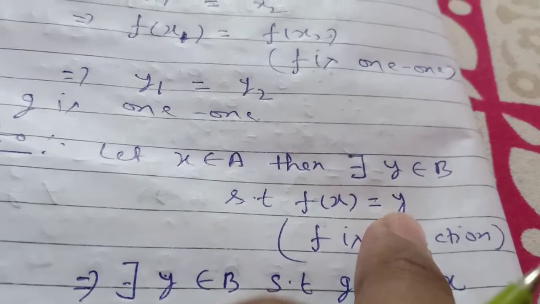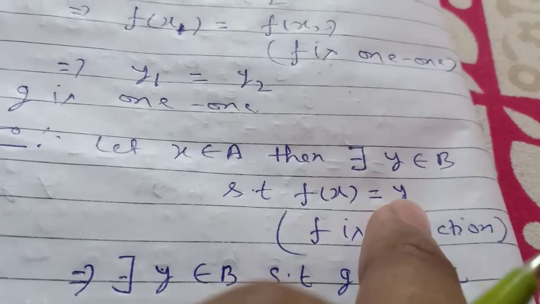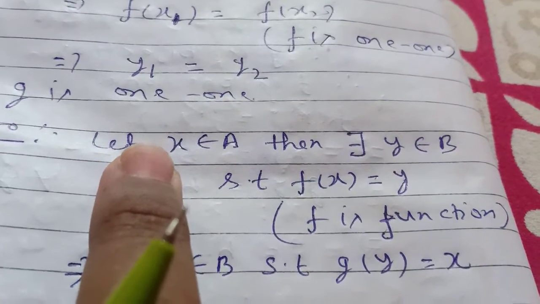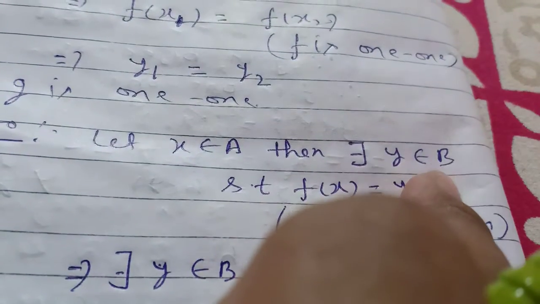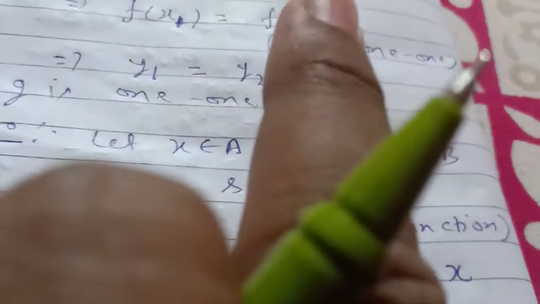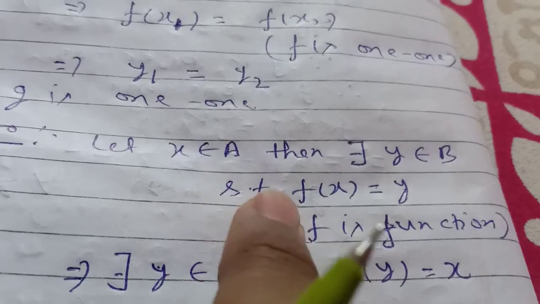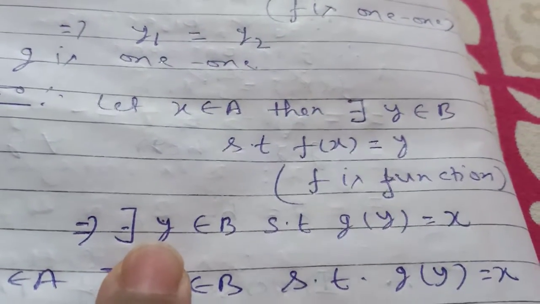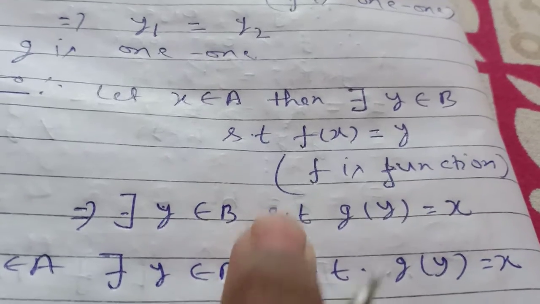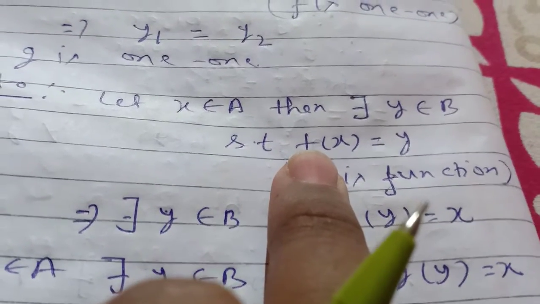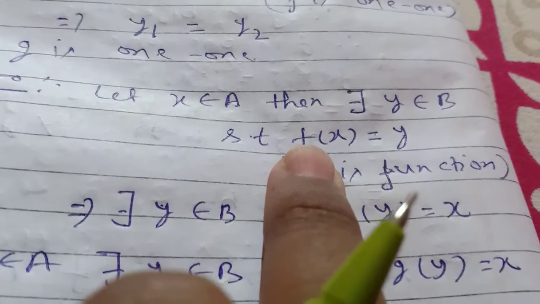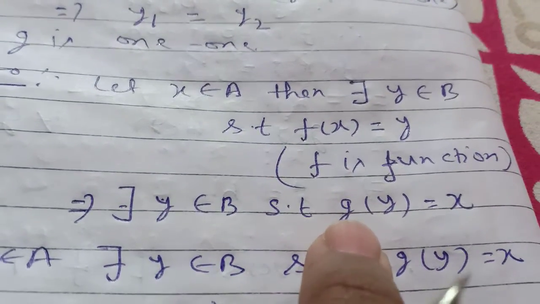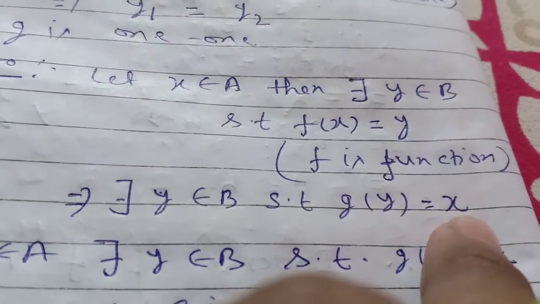Since f is a function, every element of A has an image in B and that image is unique. Therefore f of x is equal to y. Then there exists y belongs to B such that f has the inverse g. Therefore that can be written as g of y is equal to x.